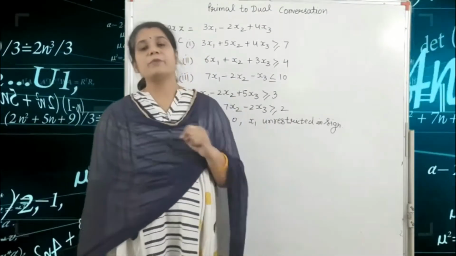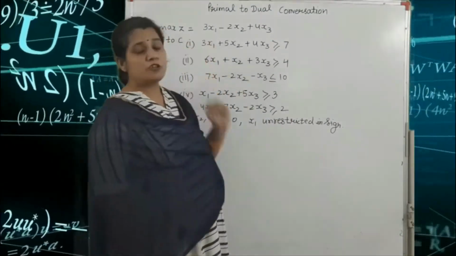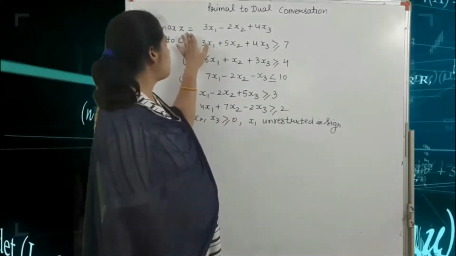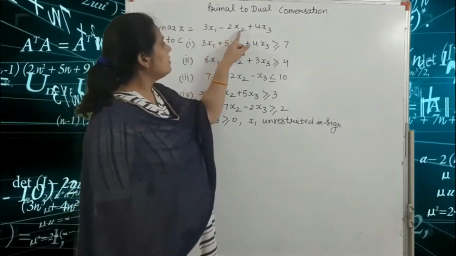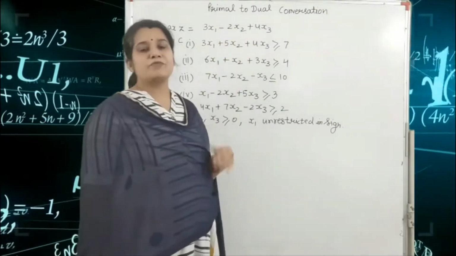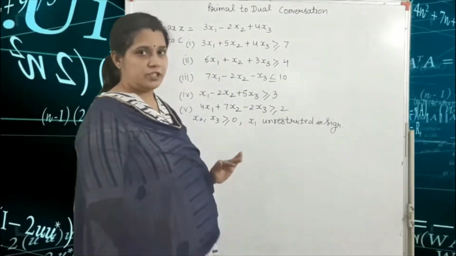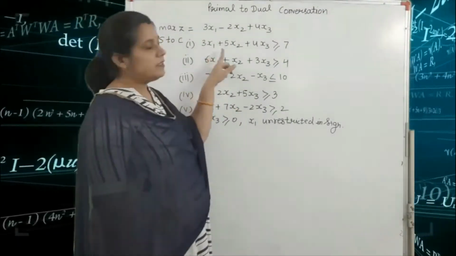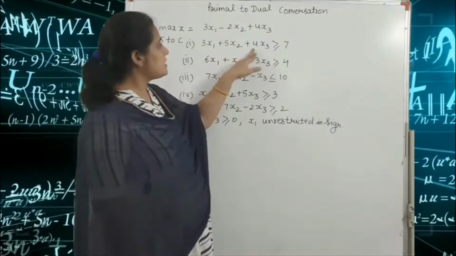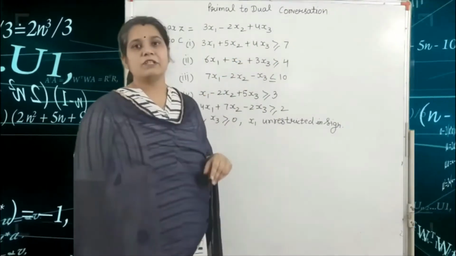So these are very easy and important properties for converting primal to dual. One important example: the question is given in the maximization format, so maximize z = 3x1 - 2x2 + 4x3. This is your objective function. The subject to constraint equations are: 3x1 + 5x2 + 4x3 greater than or equal to 7.